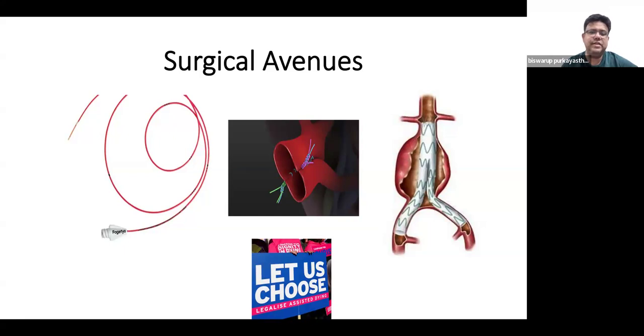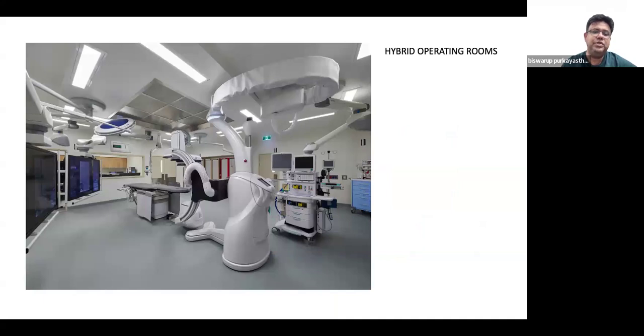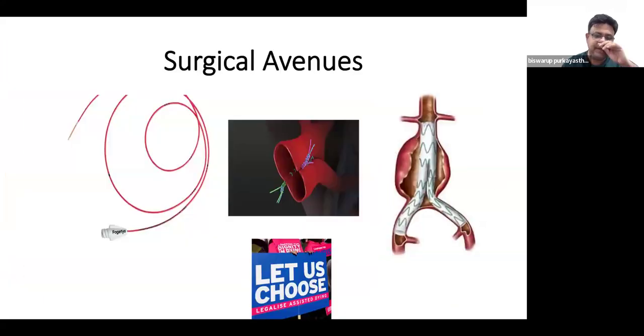We are doing all the peripheral stenting more often than ever before, with amazing results, because we are surgical specialists by training. So we would be doing this hands-on work much better than other people, right? So there are multiple surgical options for people with arterial disease, and it always helps if the vascular surgeon is involved in choosing which one to be done.